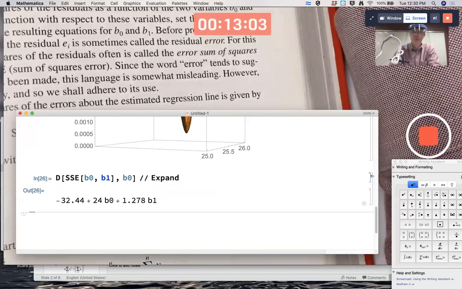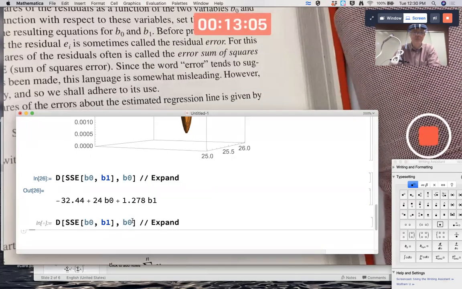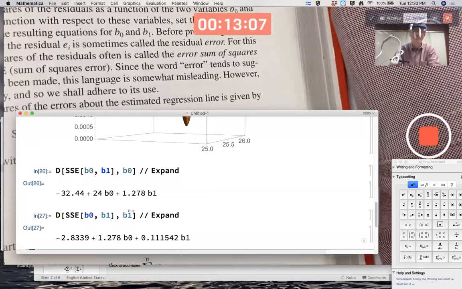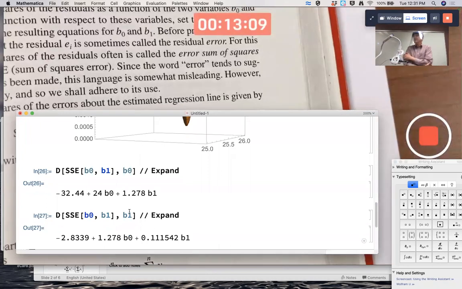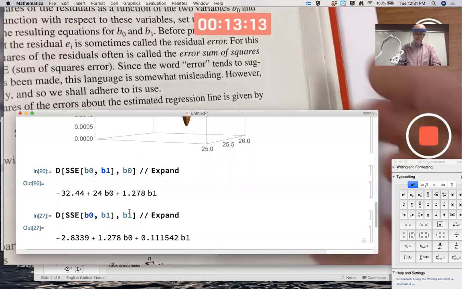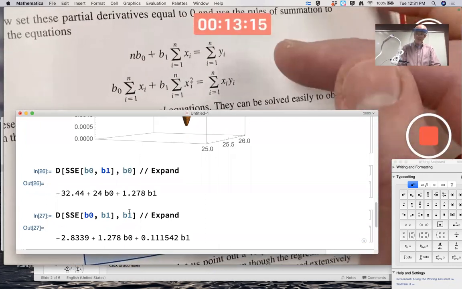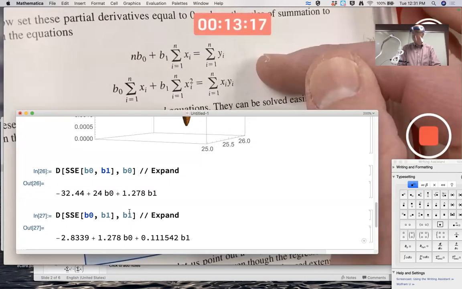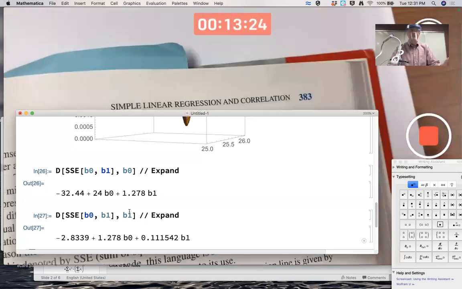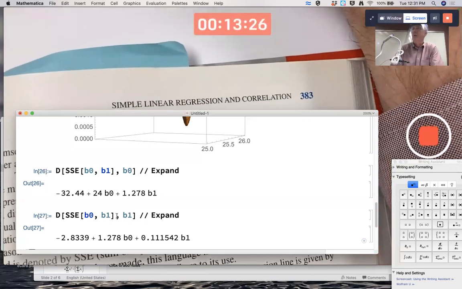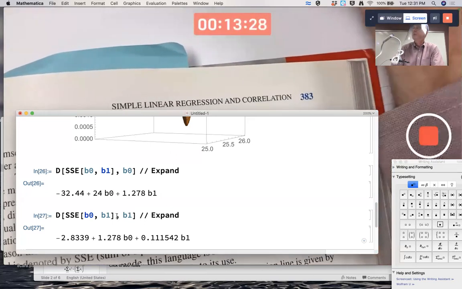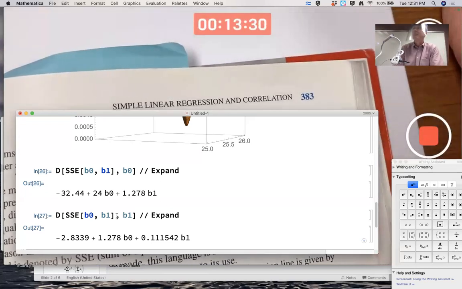That's the partial derivative with respect to b0, and the partial derivative with respect to b1 simplifies to this. Those are effectively the normal equations, not in the standard form. Effectively, they're equivalent to these things at least. And it's the solution when you set those equal to 0 and solve for b0 and b1 that's going to give you your critical point that is going to be a minimum.